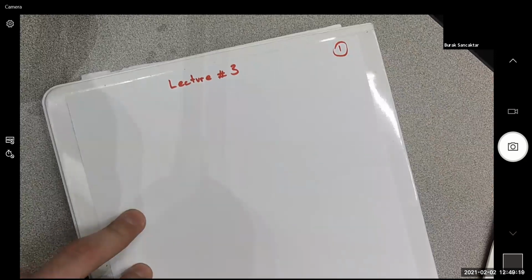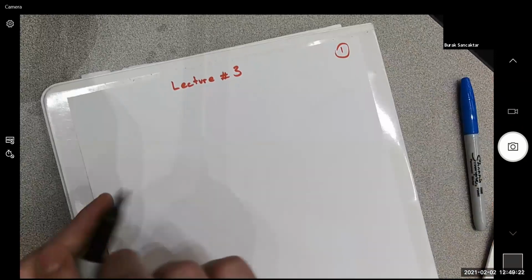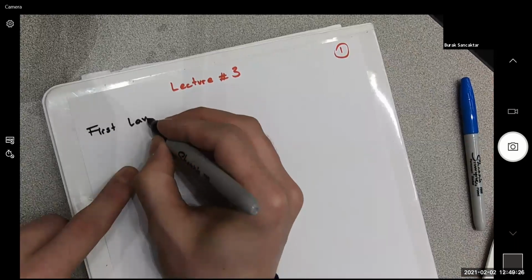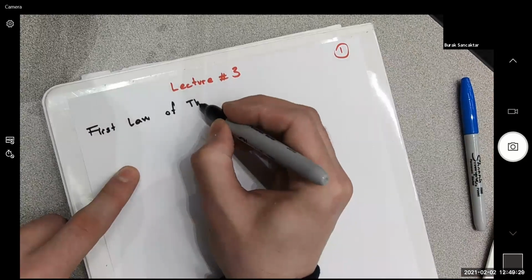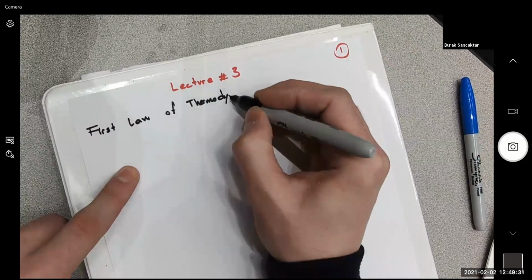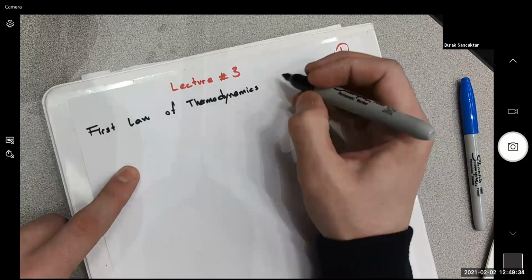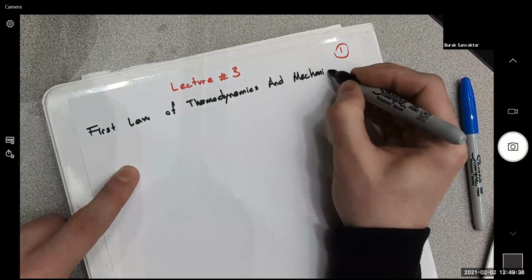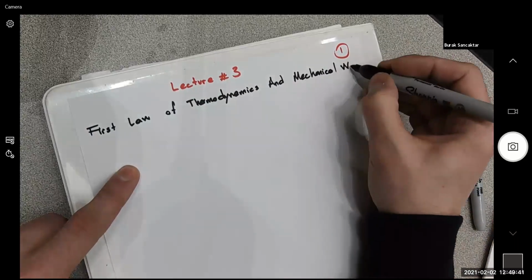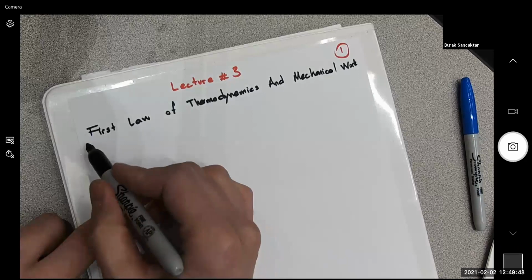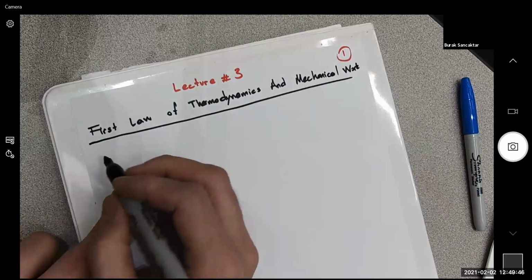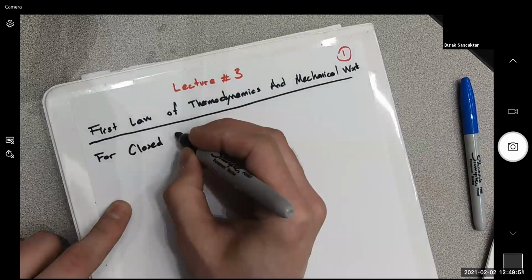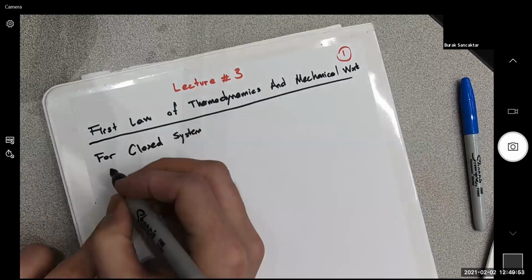First law of thermodynamics and mechanical work. Of course, this is for a closed system, right?